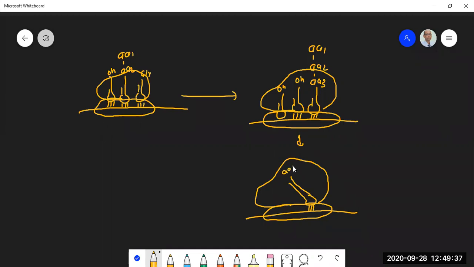So you have AA3, AA2, AA1. You have OH and you have another tRNA here, right? So interaction in the large subunit changes, and the next will be translocation.